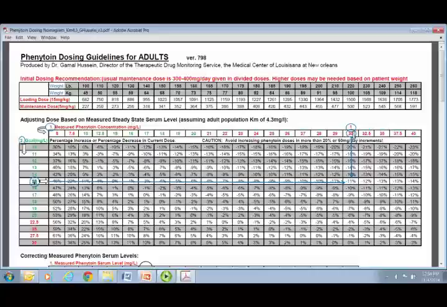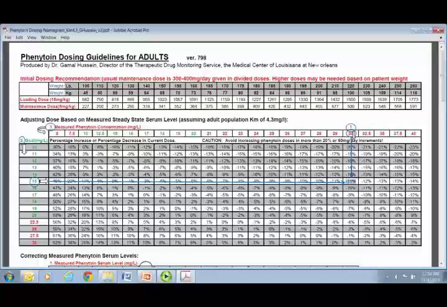In this case, you go from the 30 down and the 15 to the right, and you find that you need to cut the dose by 11%, minus 11%. That's what you would do. So if the patient is getting 330 milligram and the level is 30, you will cut it by 11%.